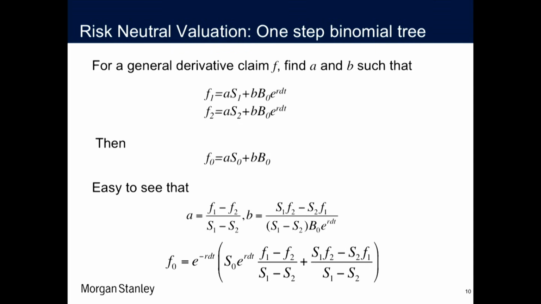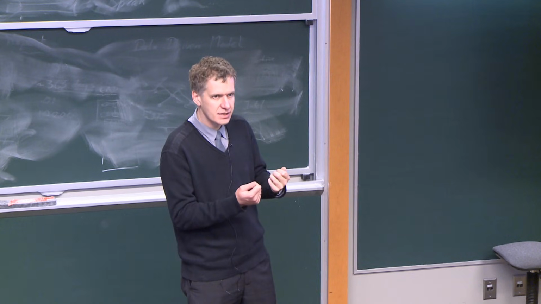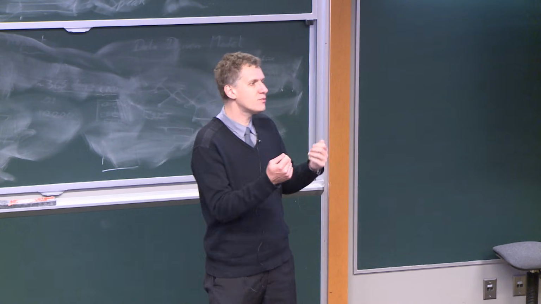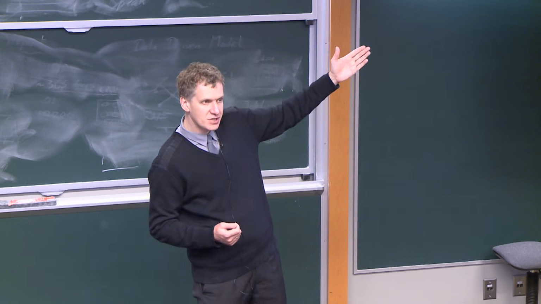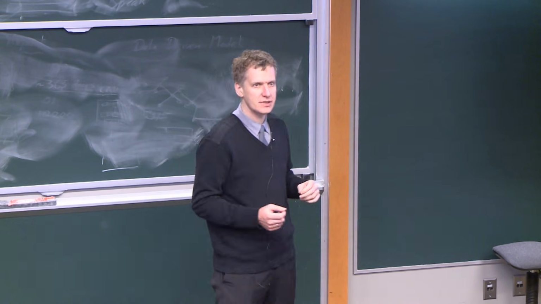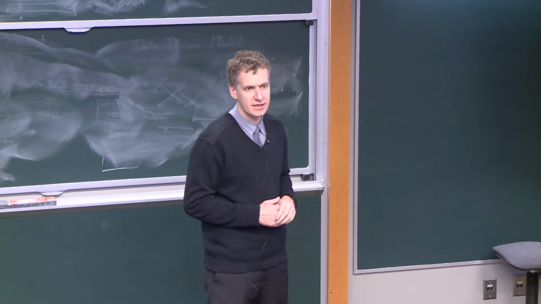We'll say that we will need A of S1 and B of the bond, and we'll try to find A and B such that, no matter what the real world probability is, at one step maturity we will replicate our payoff exactly.